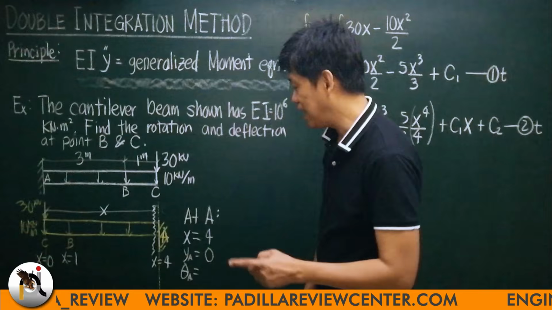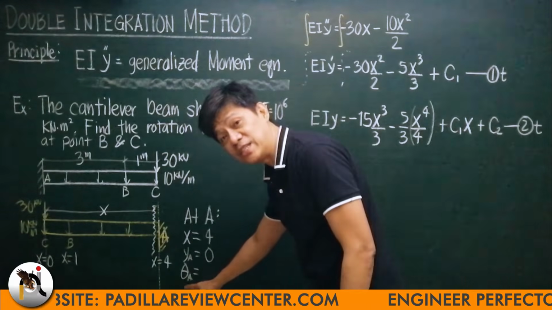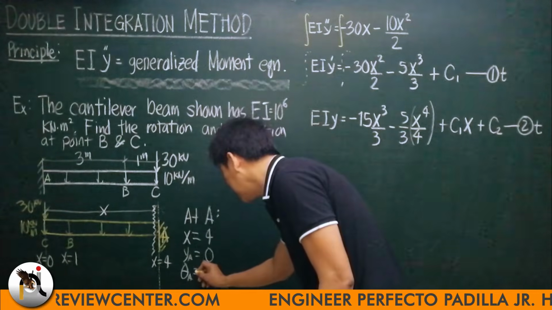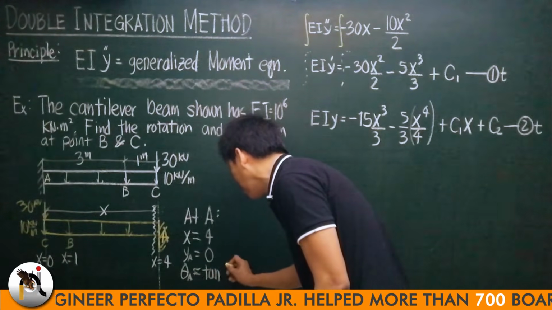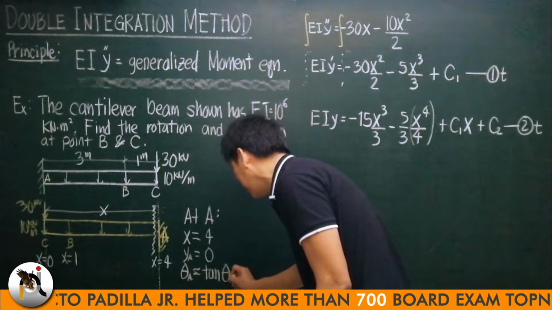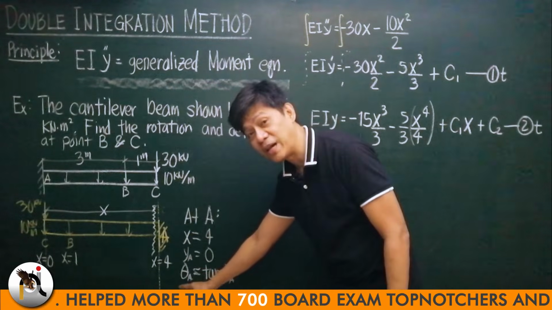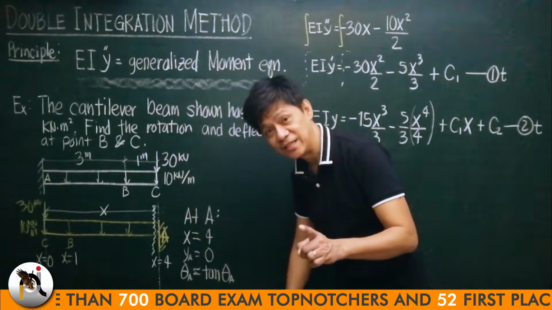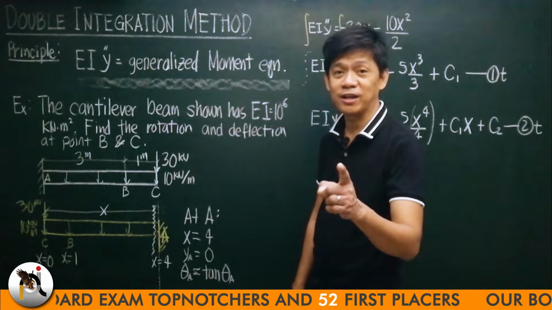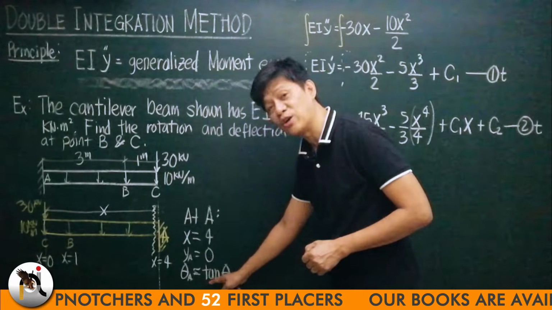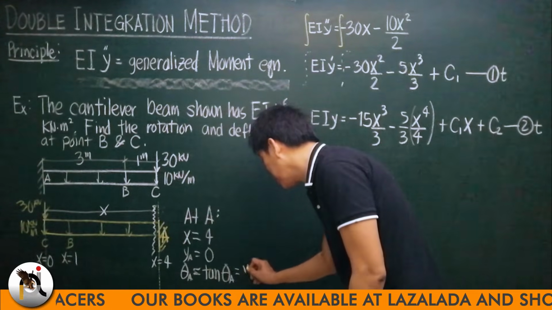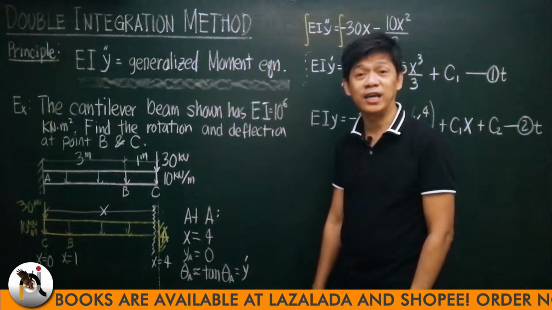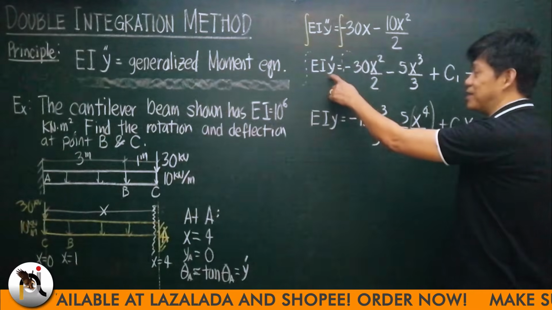The theta at A, for a small angle in radians, is approximately equal to the tangent of theta A, provided theta A is in radians. And we learned from calculus that the tangent of theta with the x axis is simply equal to y prime, dy/dx.